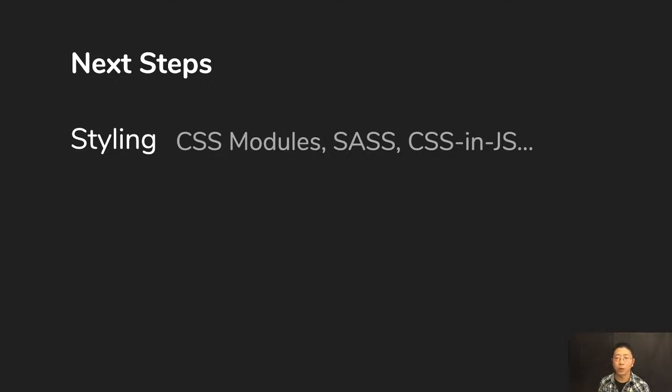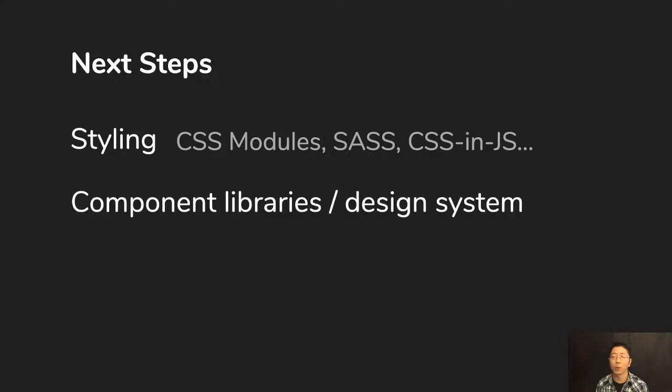And also, we probably don't want to start from scratch with these components. For now, I just use very basic, bare bone HTML elements. We probably want to start with some kind of component library or even a design system, and that'll save us a lot of work. But for the sake of simplicity for this presentation, I just used the standard one.